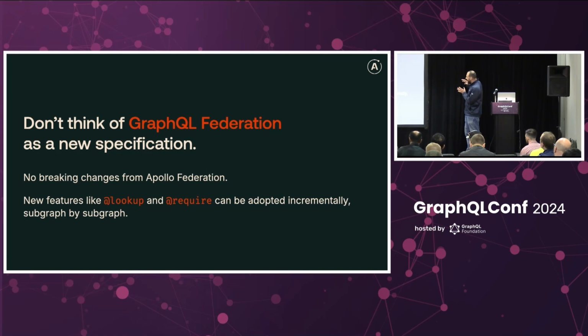So we're really happy with the progress we've made, but I want to stress that there are no real breaking changes from Apollo Federation. From our perspective, this is really an evolution from the current version of Apollo Federation, and it's mostly additive. So the new features like lookup and require, you can actually adopt them incrementally, even subgraph by subgraph.